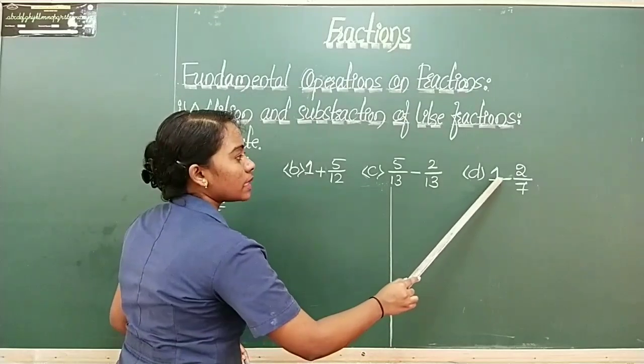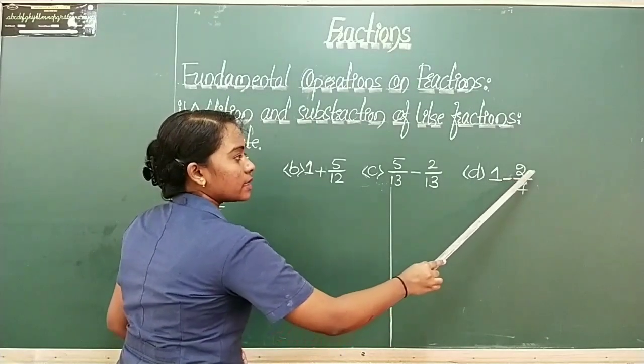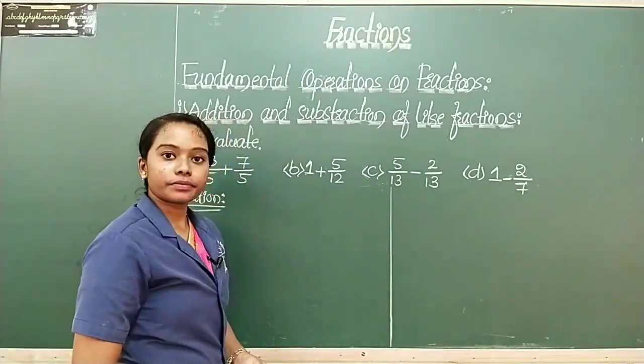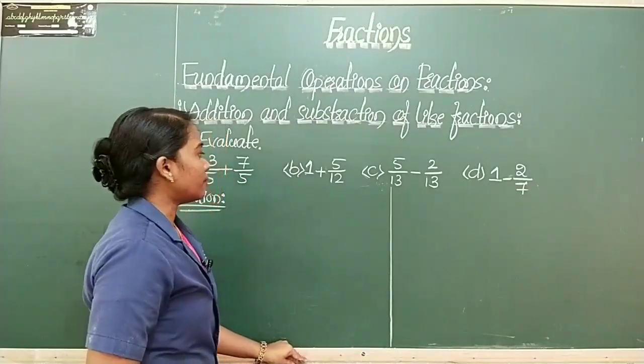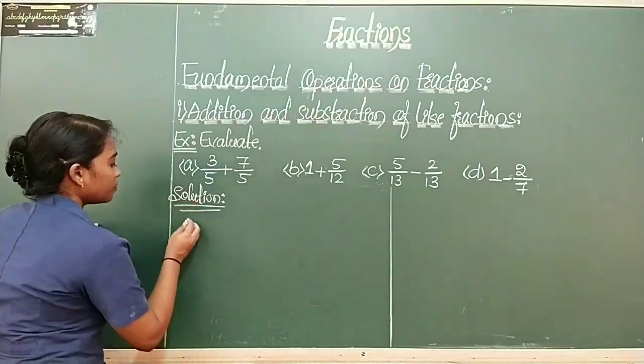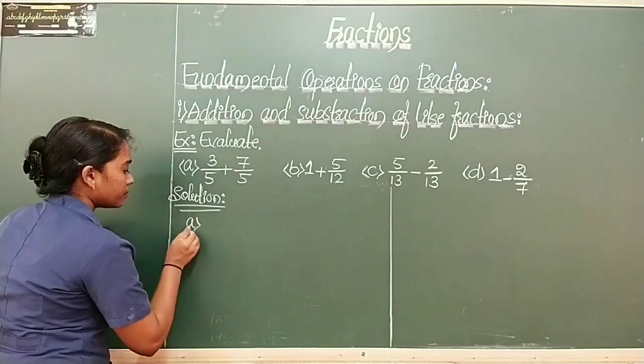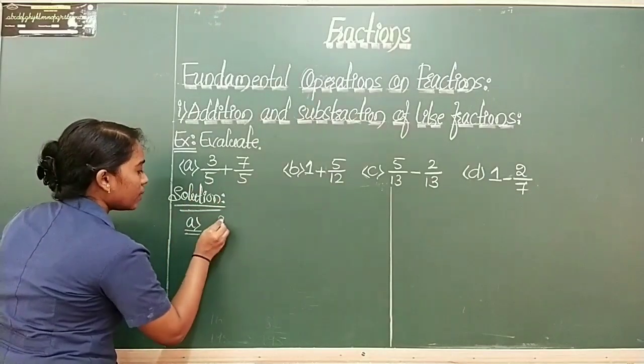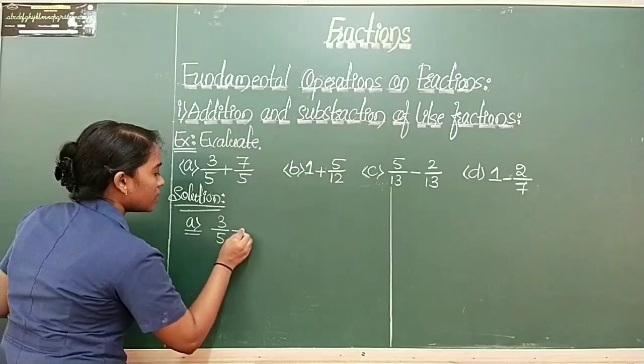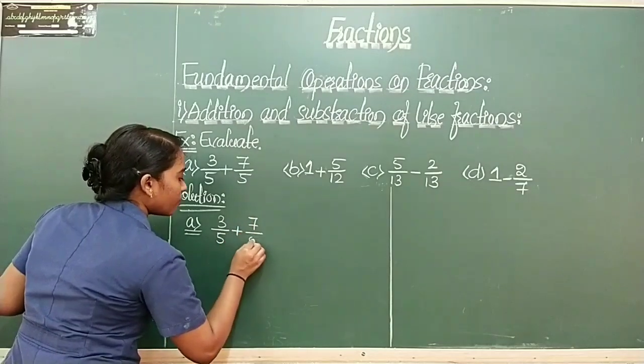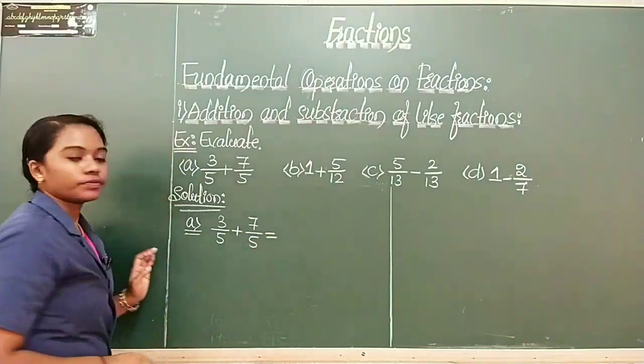And the last one is 1 minus 2 by 7. Let's solve one by one. Take first, it is A. 3 by 5 plus 7 by 5, which is equal to.